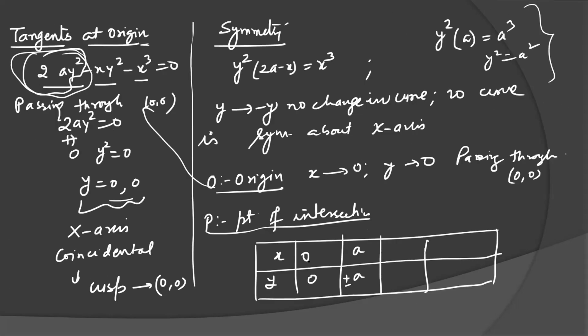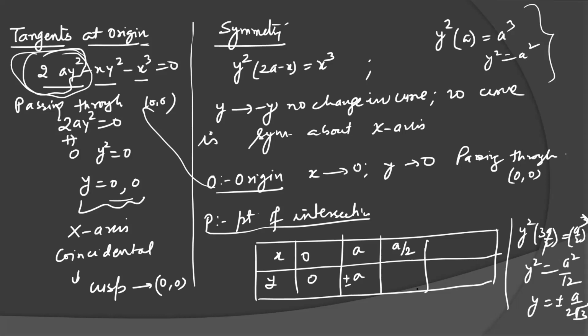Don't take other points because that will be outside the domain. Check some point, a/2. If you put x = a/2, then y² times 3a/2 equals (a/2)³. So a/2 cancels once, giving a²/12. So y will be ±a/(2√3).